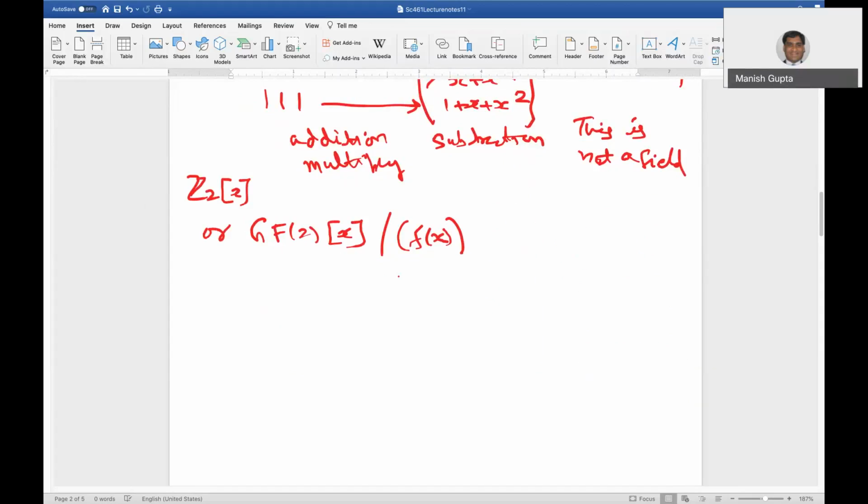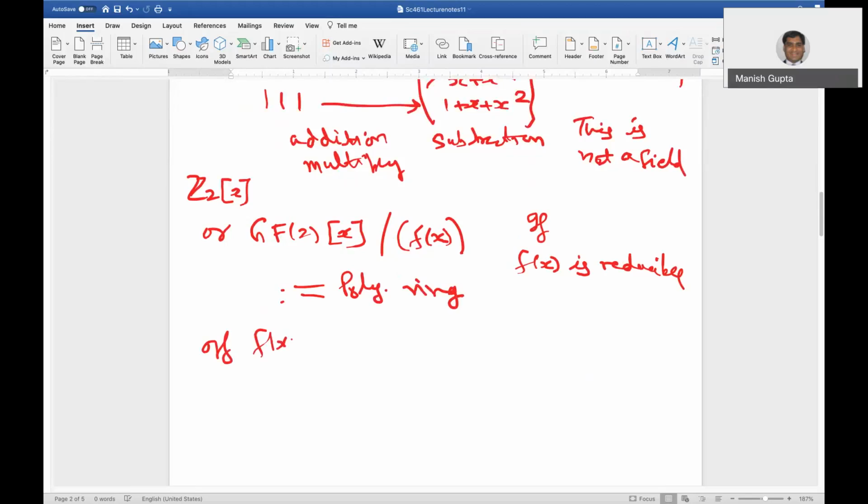If f of x is reducible, then this set is nothing but a polynomial ring. And if f(x) is an irreducible polynomial, then GF2[x] modulo f of x is a field.